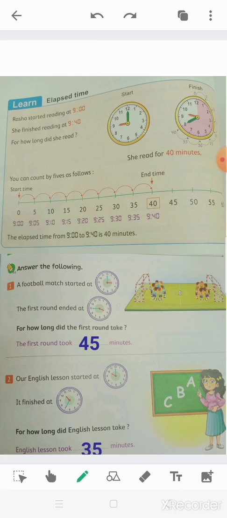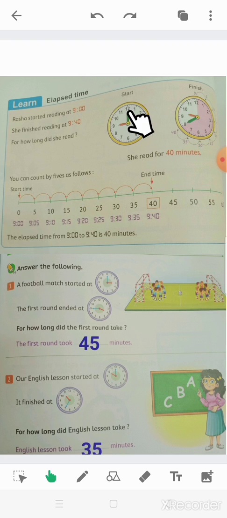Here we have the elapsed time. What does this mean? It means how long it takes to do something. How long does it take me to do this activity? The start time, for example, 9.